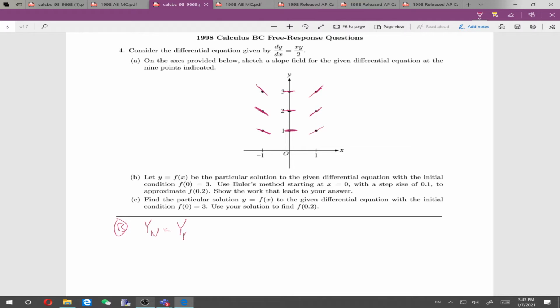Awesome. So from our start point at x equals 0, what's our y previous? 3.